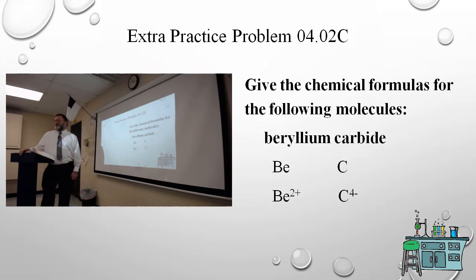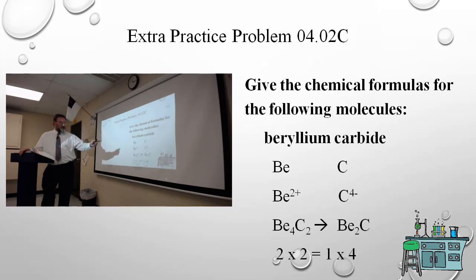And so you reduce every one by dividing it by 2, and you end up with Be2C. And we'll do the check. Beryllium, I have 2 ions at +2, and carbide, I have 1 ion at -4. It checks. We're right. Okay, pass, and here we go.